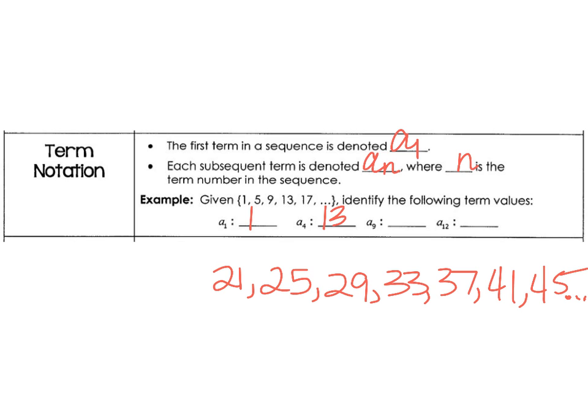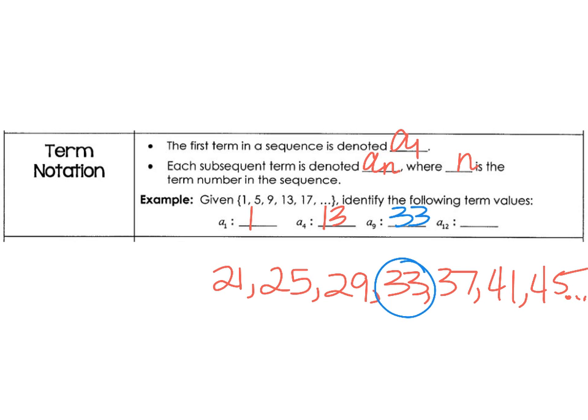But if we want to count our terms, we've got our first term, second term, third term, fourth term, fifth term, sixth term, seventh term, eighth term, ninth term. So our A sub 9, or our ninth term, is 33.